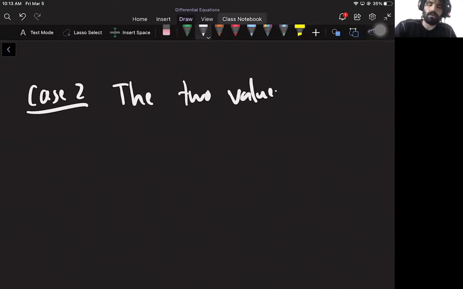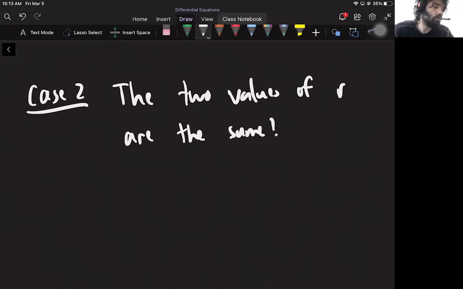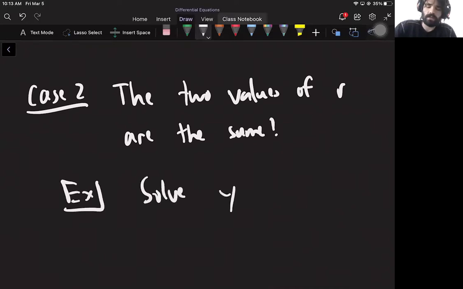So the 2 values of r are the same. This can also happen depending on what the quadratic polynomial is. So let's see an example where this happens.